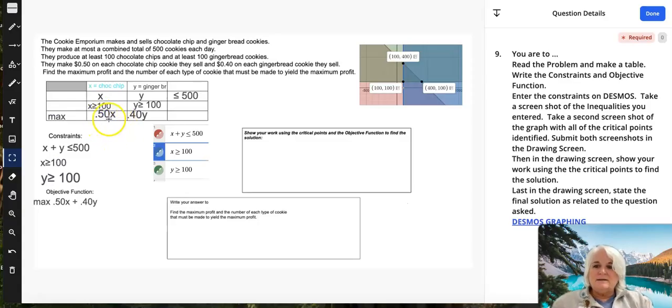Okay, this is my equation, my max, 0.50x plus 0.40y. So I'm just going to put my ordered pairs here.